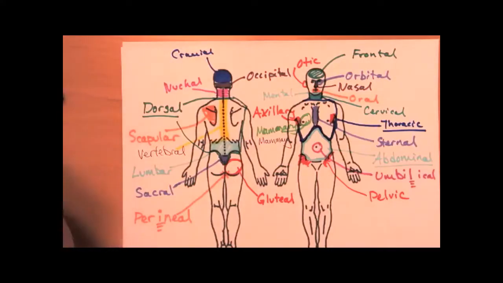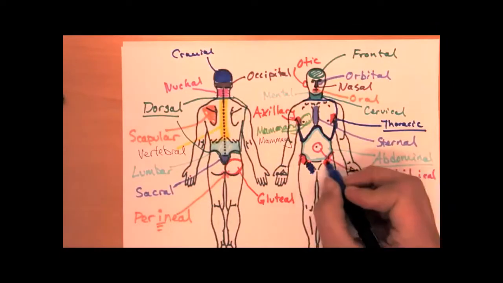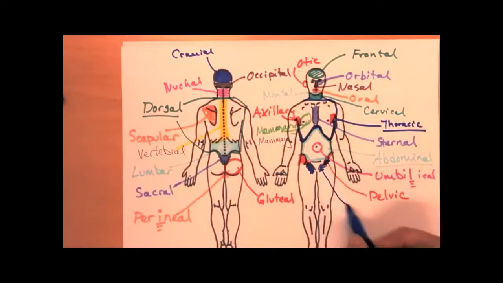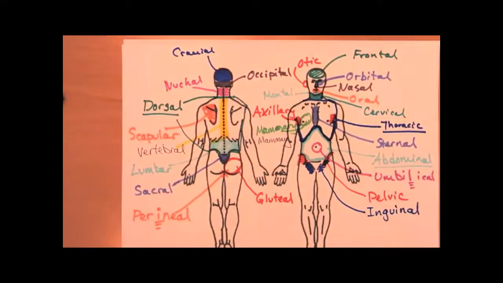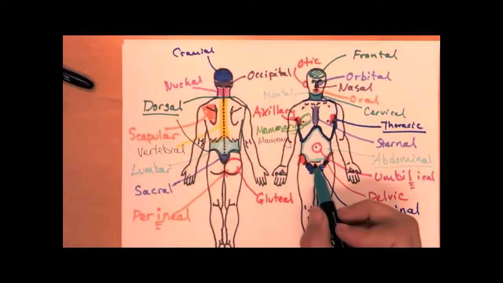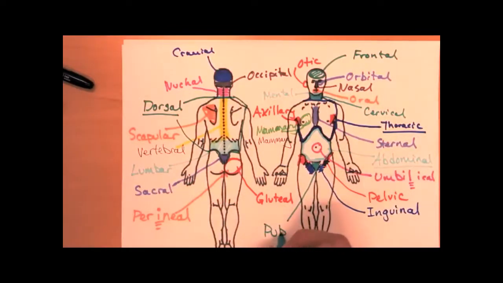Within the pelvic, is the groin, is inguinal, and finally, the genitals are called pubic, named for the pubis bones deep to the skin.